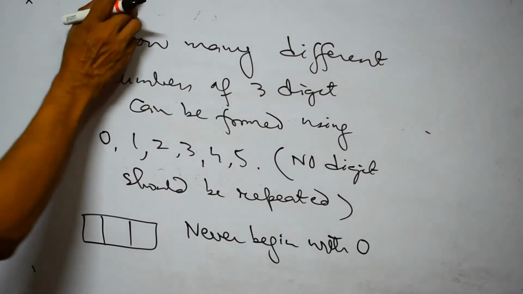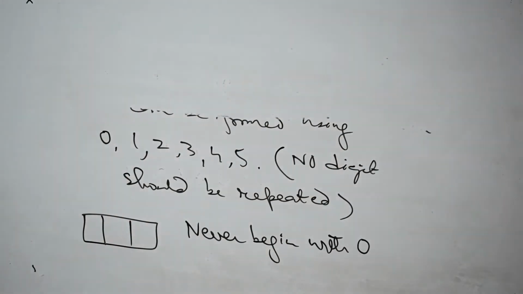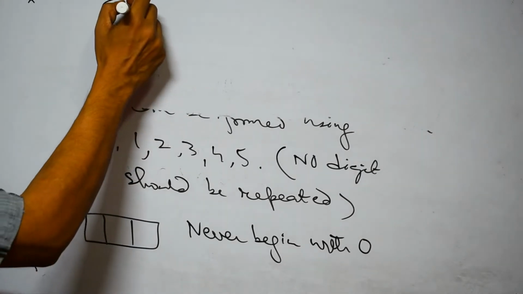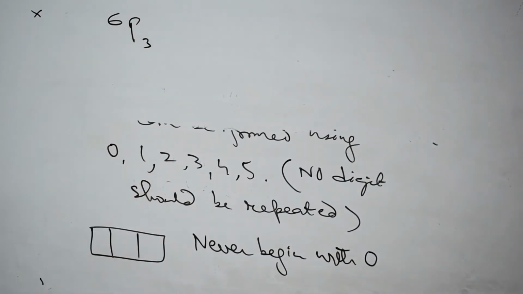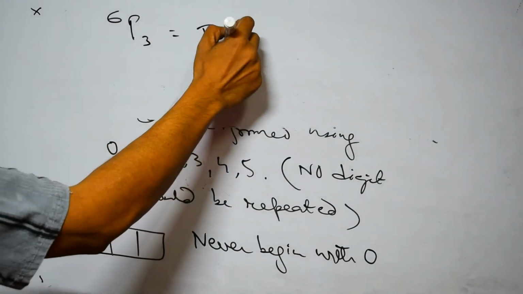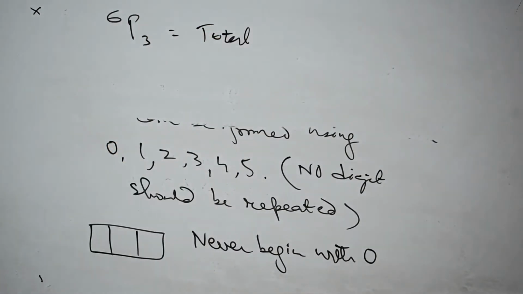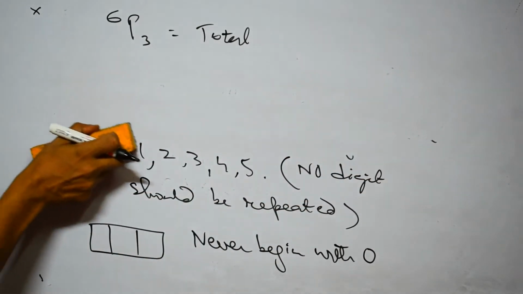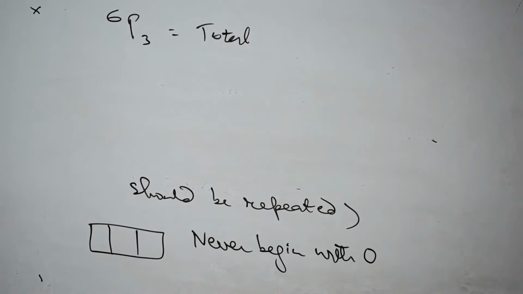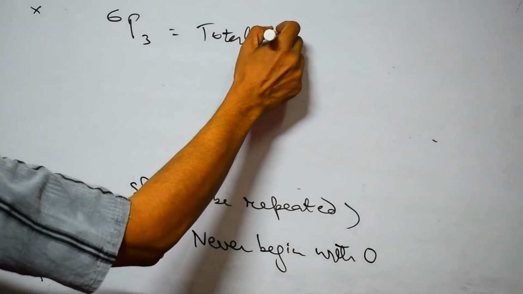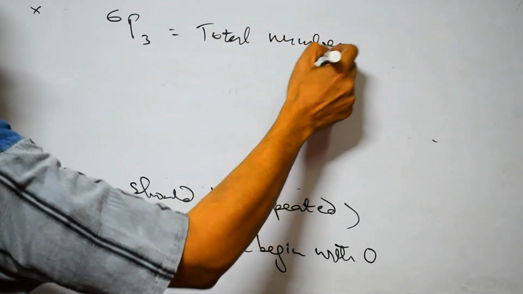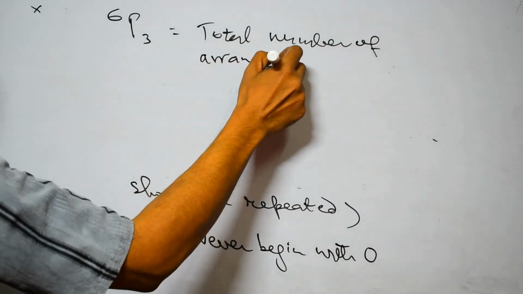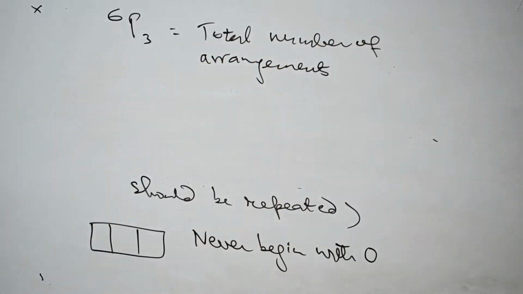So what will be the idea? Without putting 0 at the beginning, what will we be doing? 6p3 will be the total possibility, without considering where 0 is placed. But this number of arrangements may include 0 at the beginning. How many cases have 0 at the beginning?